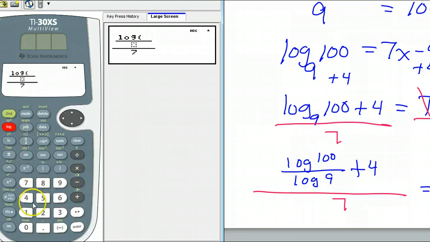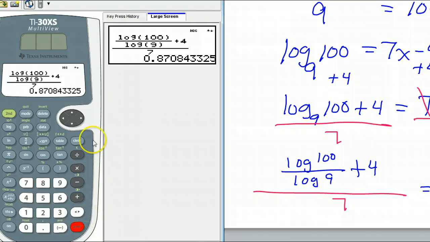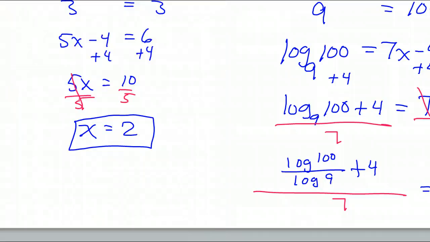So here comes my log 100, okay, over log 9. Okay, but it's also got this plus 4 up there, so there it is. Okay, so this is 0.87 is the final answer.